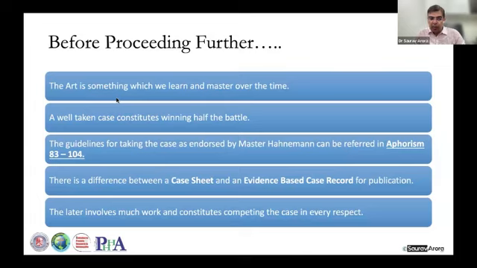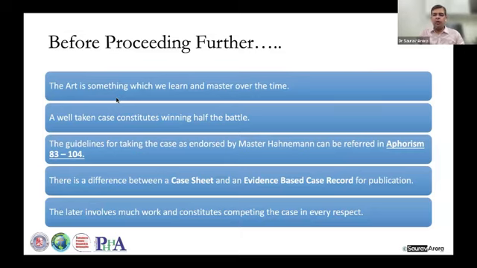Now, the problem is that there's a difference between a case sheet and an evidence-based case record. What we have at our clinic is a case sheet. It is not an evidence-based case record. It will become an evidence-based case record when it is appended with other things like evidence, and how to present that evidence.